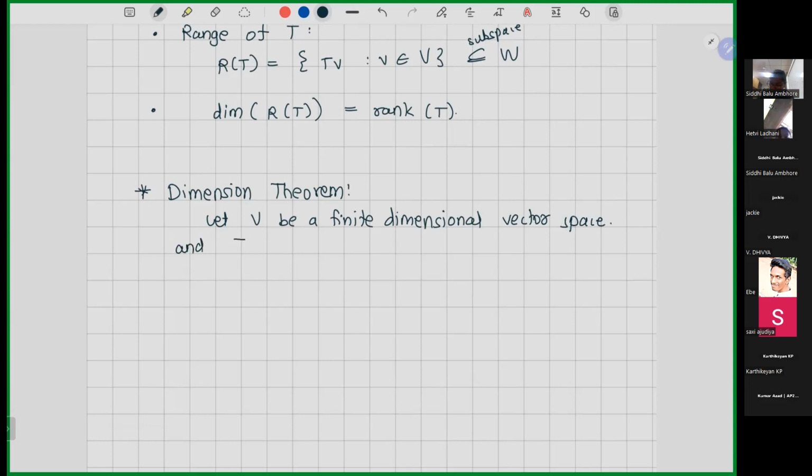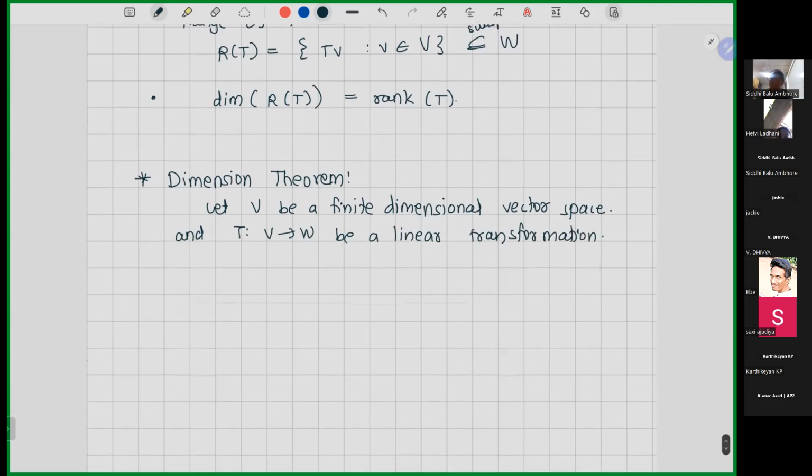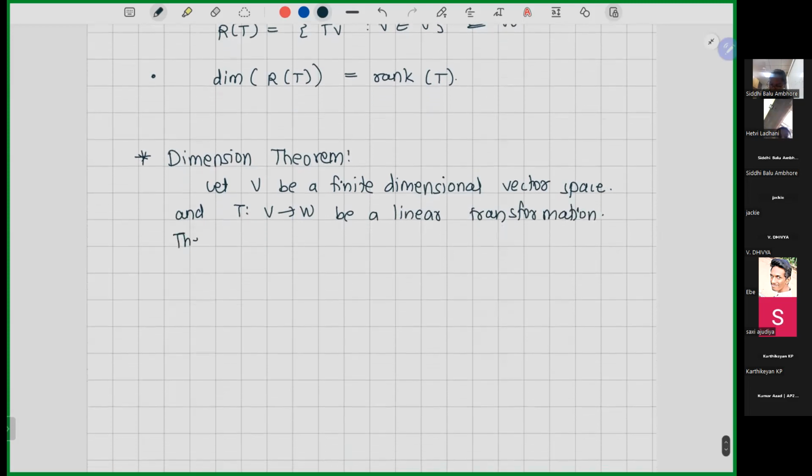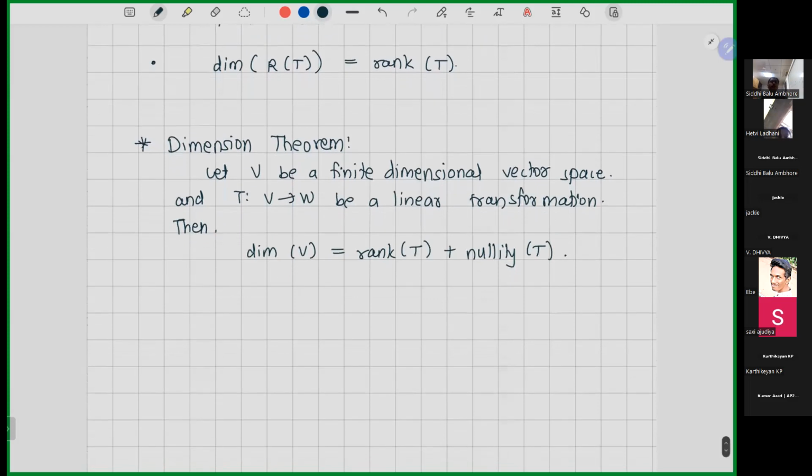And let T from V to W be a linear transformation. Then the dimension of V is rank of T plus nullity of T. This is also known as the rank nullity theorem.